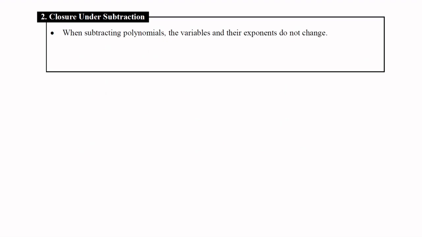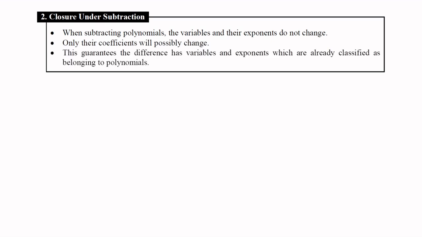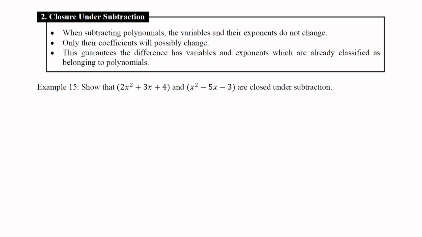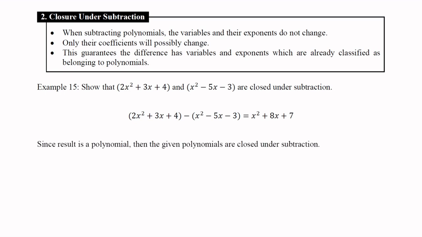When subtracting polynomials, the variables and their exponents do not change. Only their coefficients will possibly change. This guarantees that the difference has variables and exponents, which are already classified as belonging to polynomials. So very similar to addition. If we take two polynomials and we subtract them, we end up with x squared plus 8x plus 7, which is also a polynomial. So therefore, polynomials are closed under subtraction.